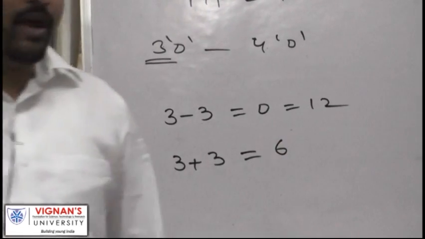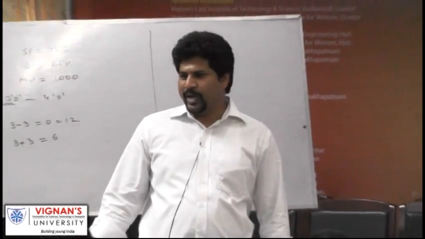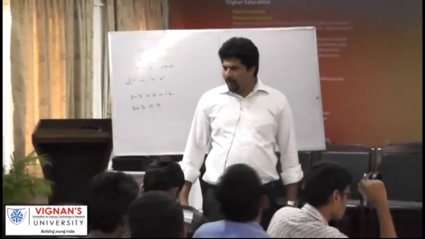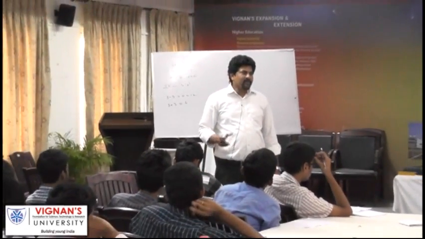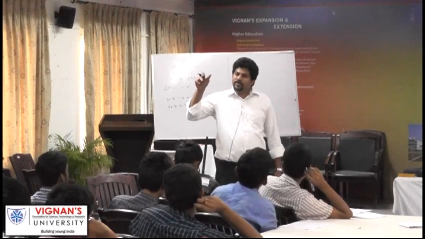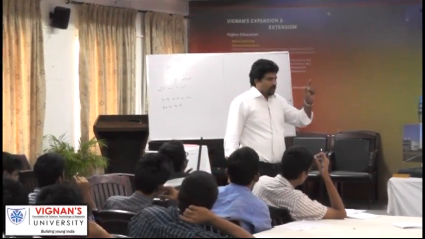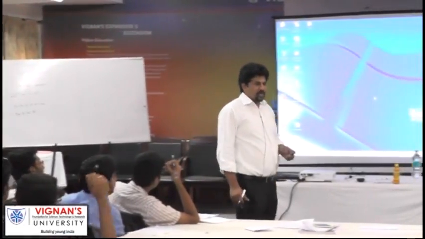Now, for every hour it happens 2 times. They will be at right angles 2 times in 1 hour. Now, how to find out: in 1 hour gap, how many minute spaces are there? 12 to 1, how many minute spaces?